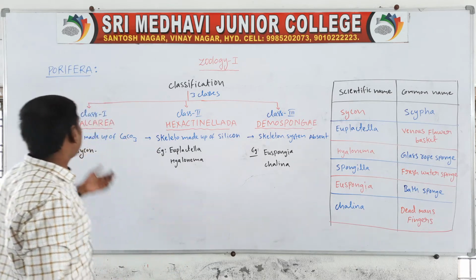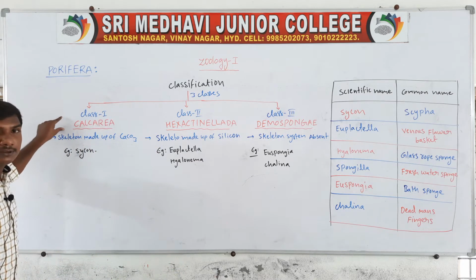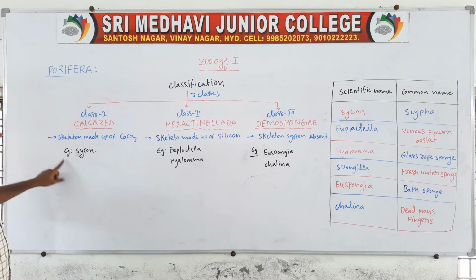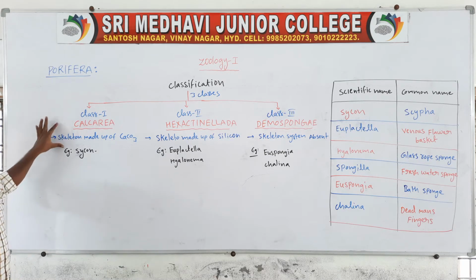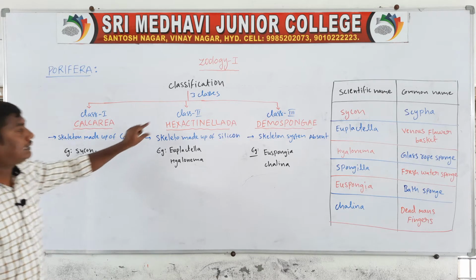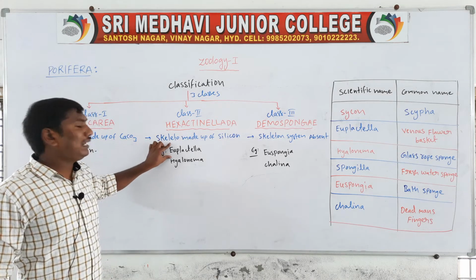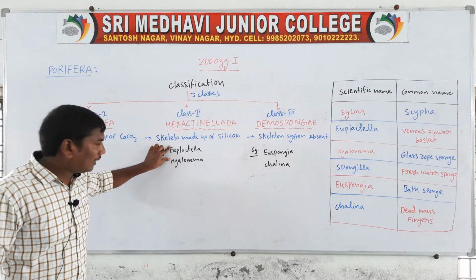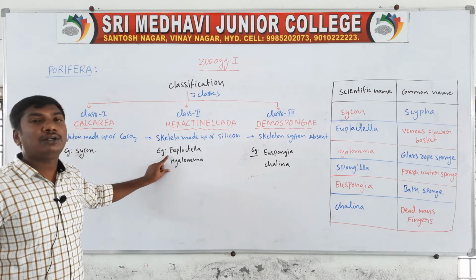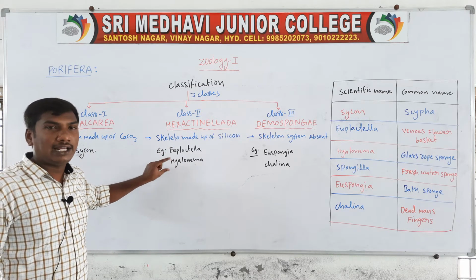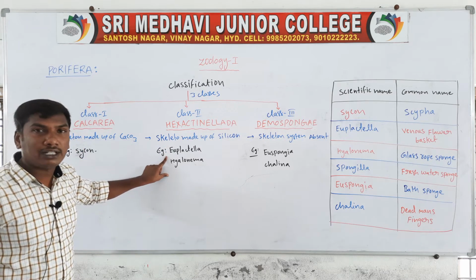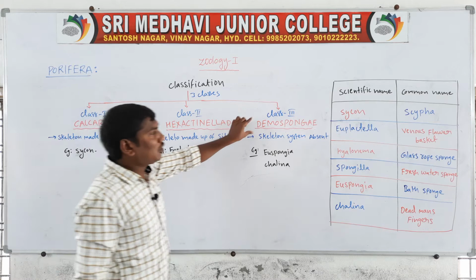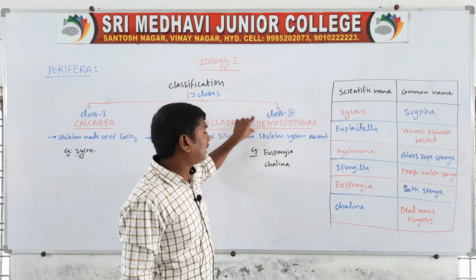Next one, examples. Calcarea example: Sycon. Hexactinellida examples: Euplectella and Hyalonema. Third one, Demospongiae.